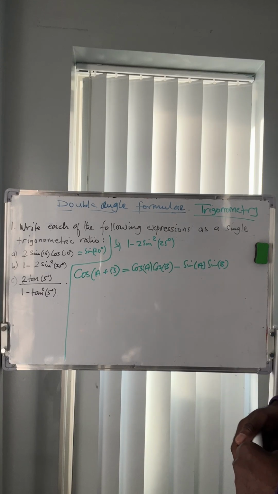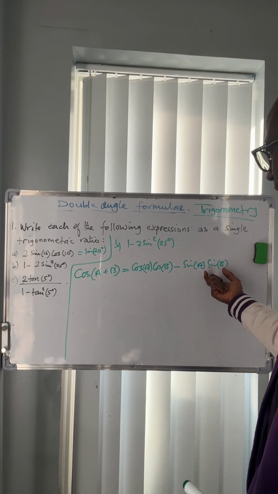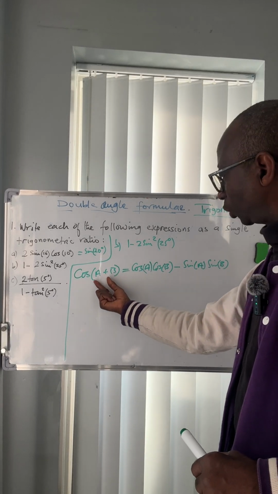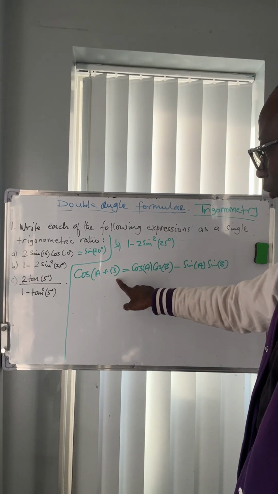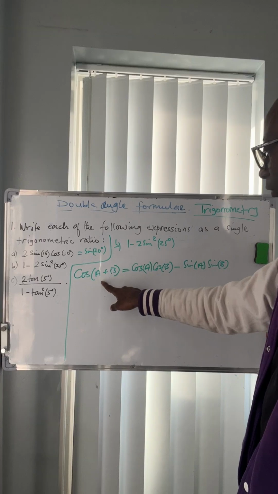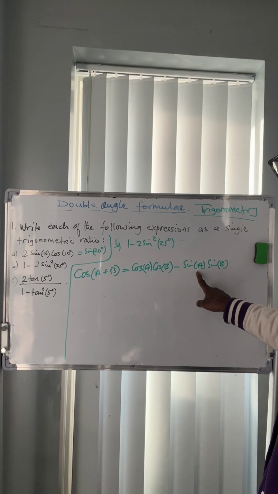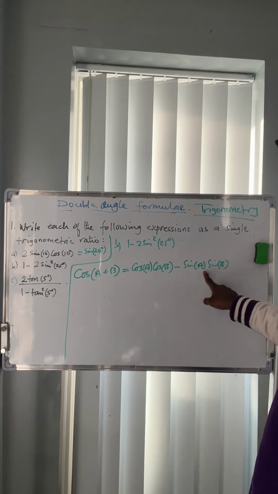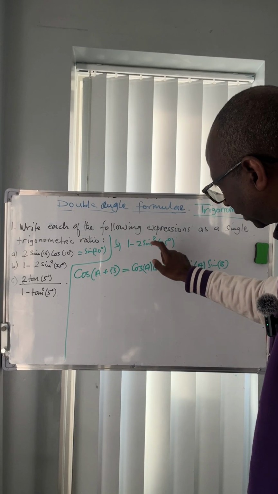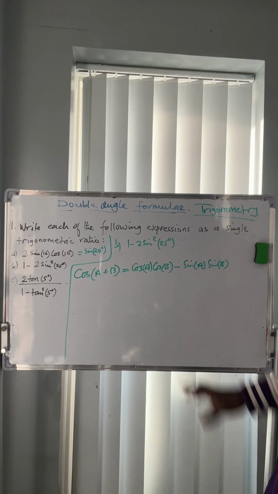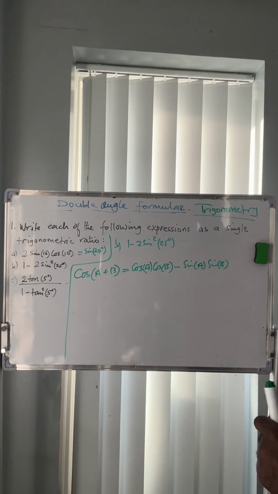We know that this one will give us sine square if we assume A is equal to B. Then we'll have the cosine of 2A, and sine A times sine A will give you sine square A.